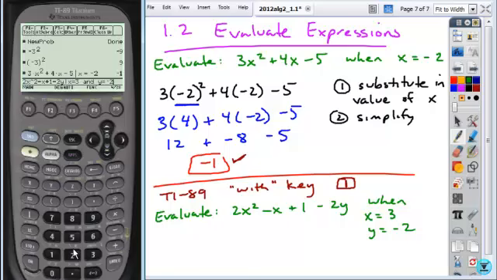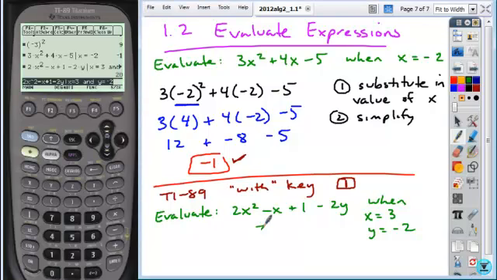If you had more than this, if you had 3 variables or 4 or whatever, you could continue to do it in the same way. Okay. So I hit enter and I get my solution, looks like 20. All right, questions about using the with key to evaluate expressions?